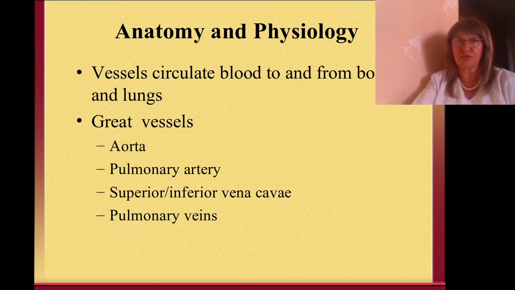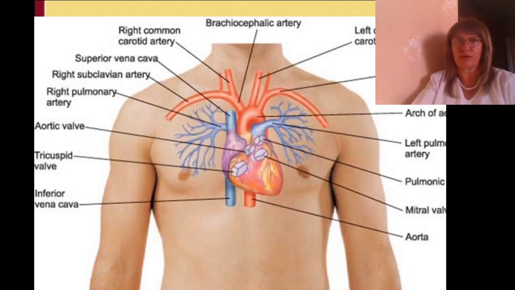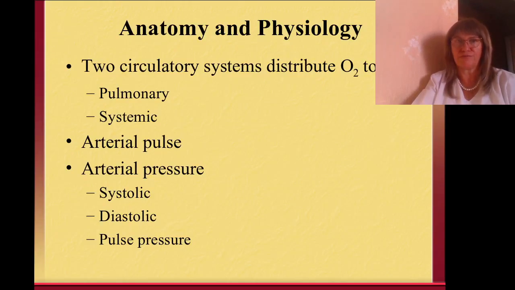Anatomy and physiology. Vessels circulate blood to and from the body and lungs. The great vessels are the aorta, pulmonary artery, superior and inferior vena cava, and pulmonary veins. Please see this picture, where you see the main artery and hemodynamics of the heart.